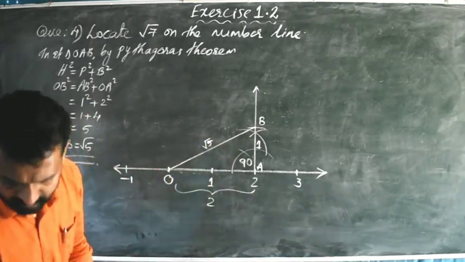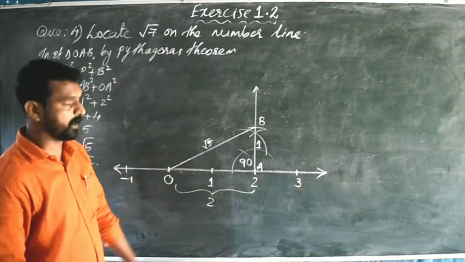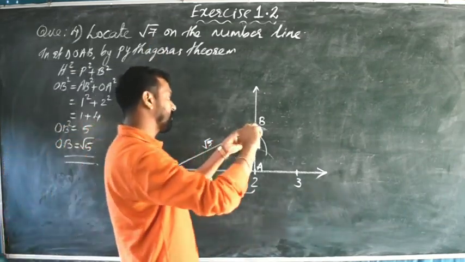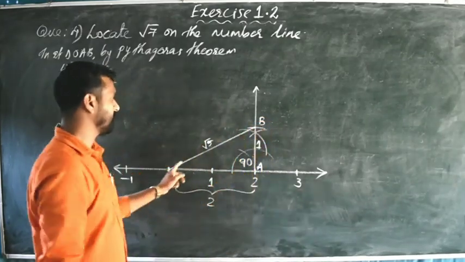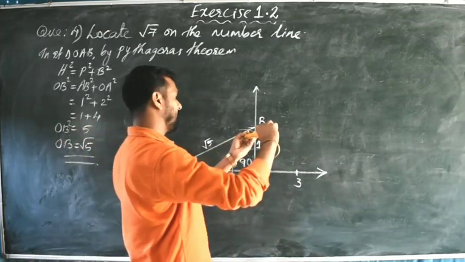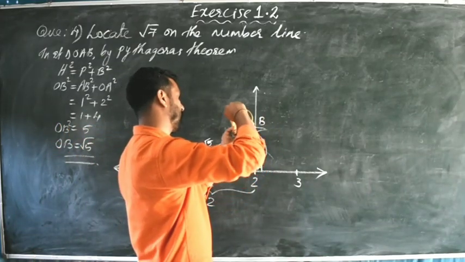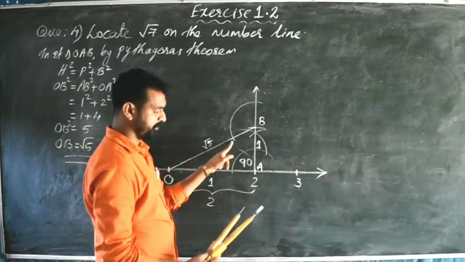Now again, we want to represent root 7 on this number line, not root 5. So with the center O, again we are going to draw a perpendicular to OB. With the center B, draw an arc here. Then here we got a point now.